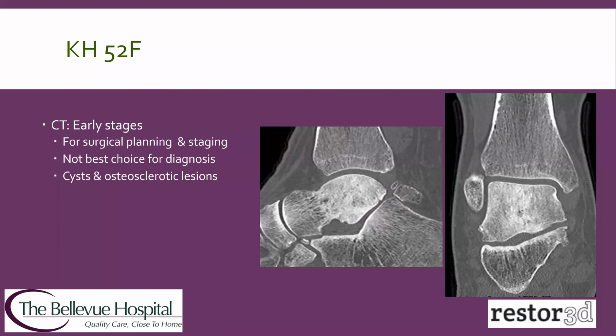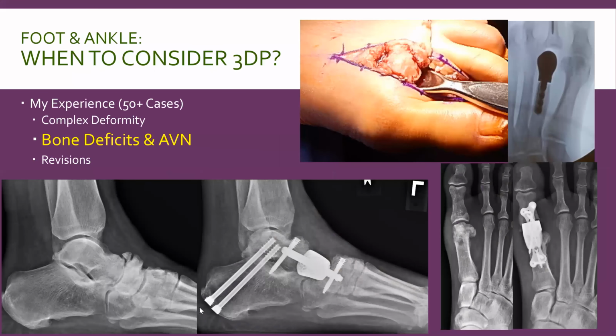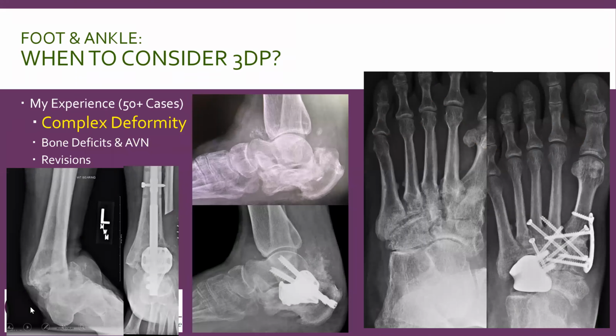But obviously for fusion type things like Charcot, especially when you get these pretty wicked deformities, or neglected fractures which have now developed deformity and are getting fused, that's obviously a common indication for us in that regard.